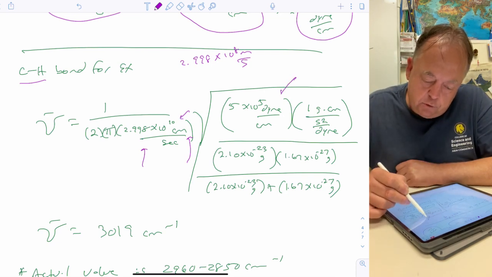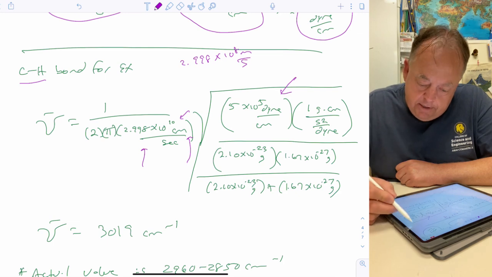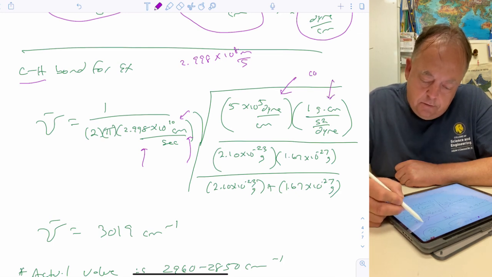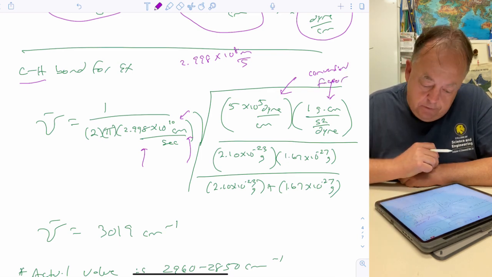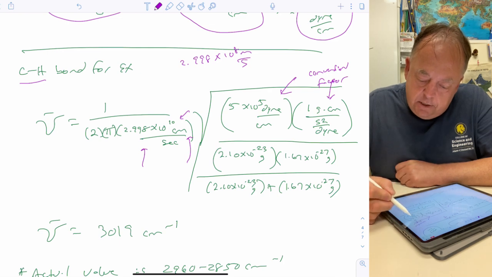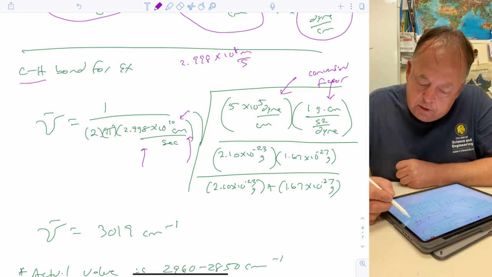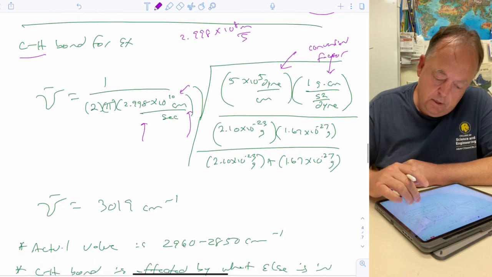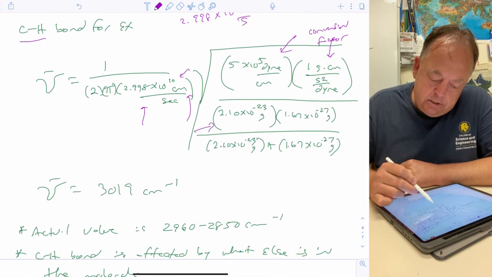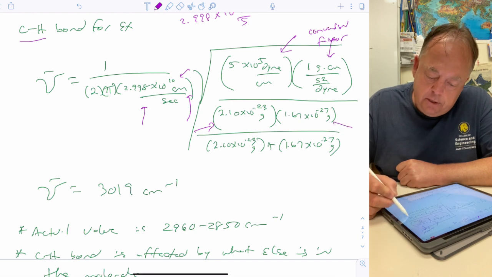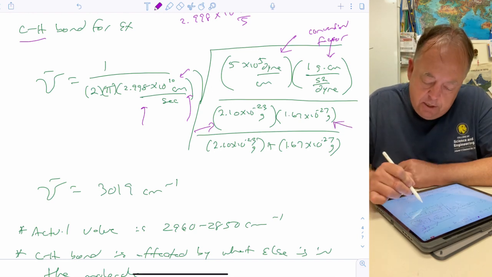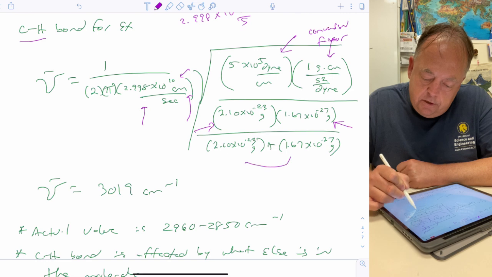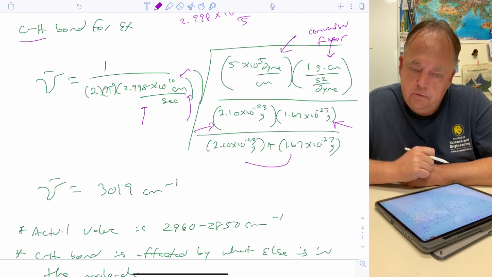Plug in the force constant for a single bond, and then a conversion factor to get all of our units to the same unit. A dyne is the same thing as gram centimeters per second squared. Then plug in the mass of an atom of carbon and the mass of an atom of hydrogen. Multiply those together, and on the bottom add them together.